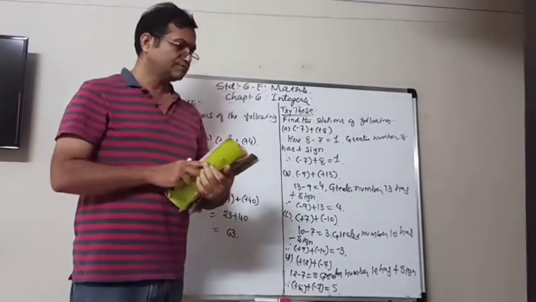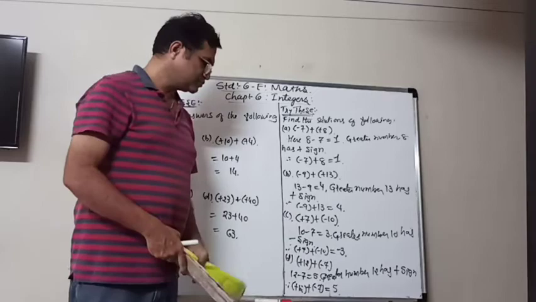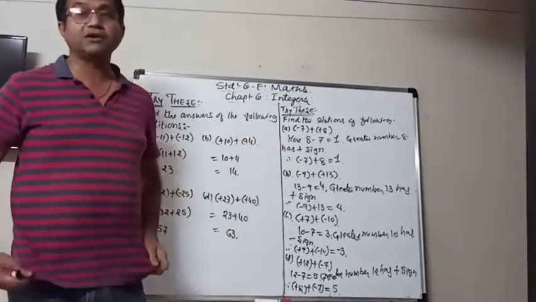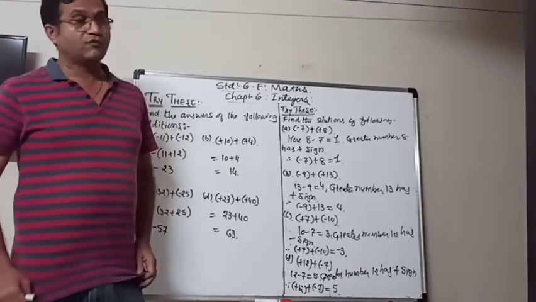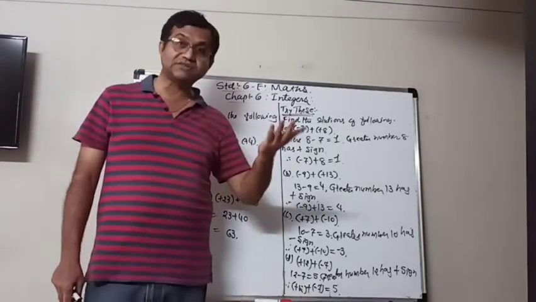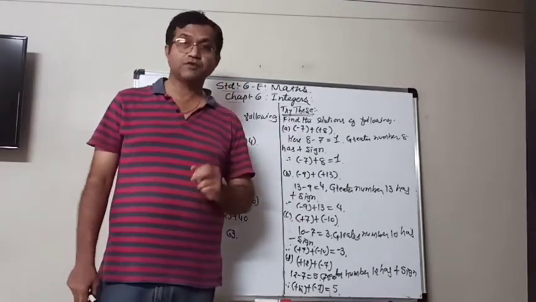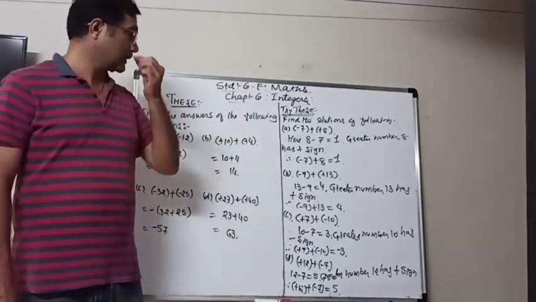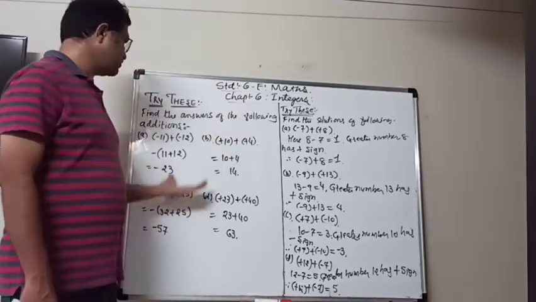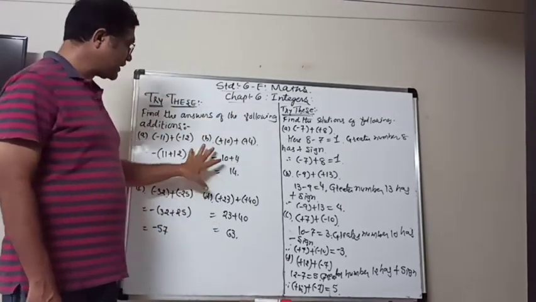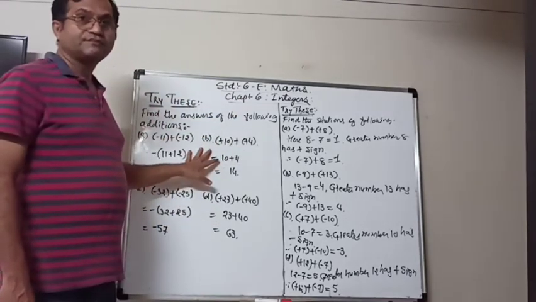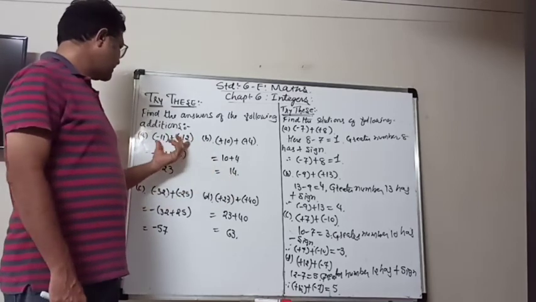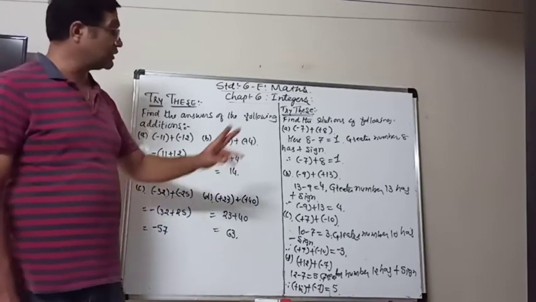So here, when we add two integers, we have to be very careful, especially when both integers are negative or one of them is positive and the other is negative. When both are positive or both are negative, we add the numbers; if both are positive, the answer is positive, and if both are negative, the answer is negative.